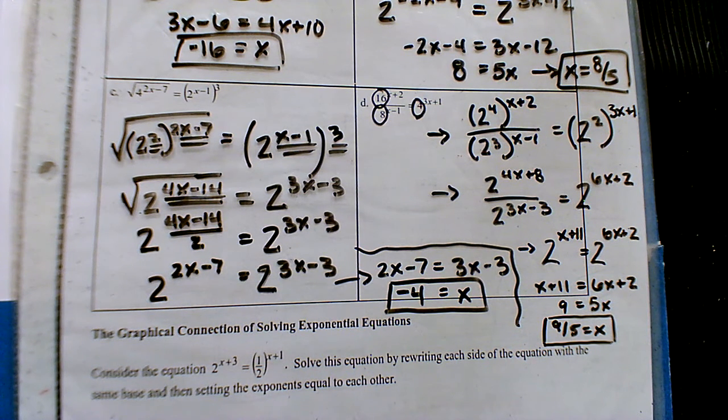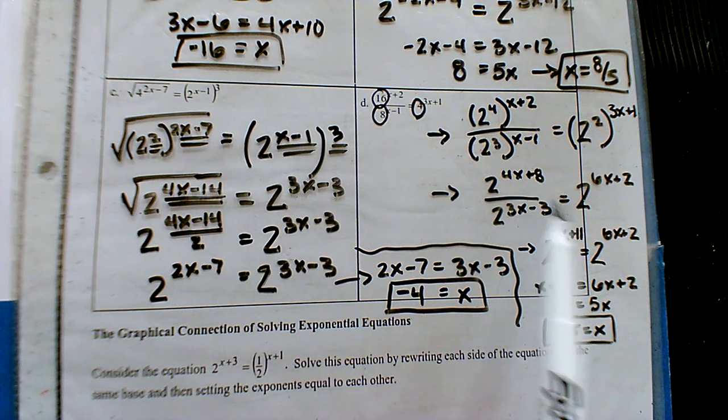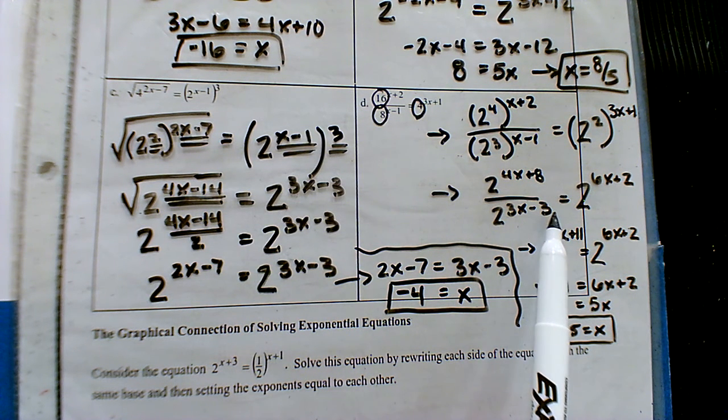Does that sound right, or did I make a mistake? Okay, be careful. When you do the division, you are subtracting the powers. You have to do 8 minus -3. That's going to change to a plus and you'll get 11. Be careful with that one.